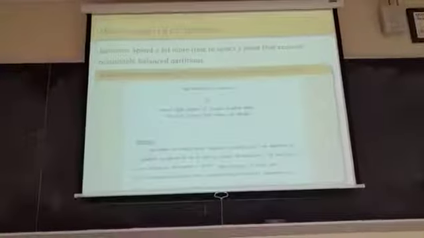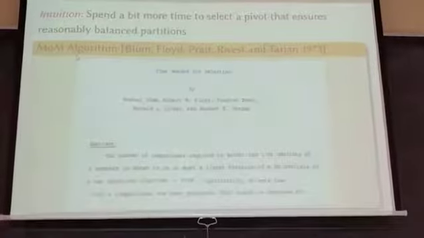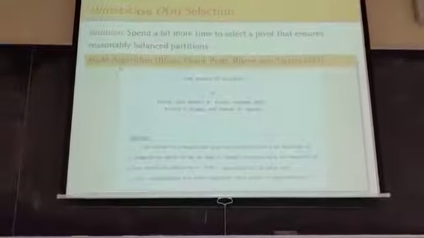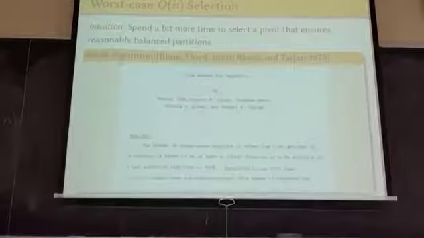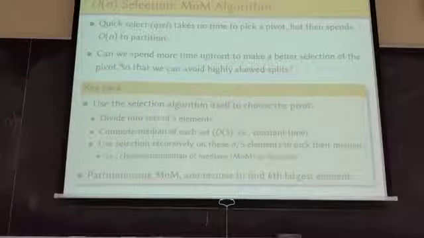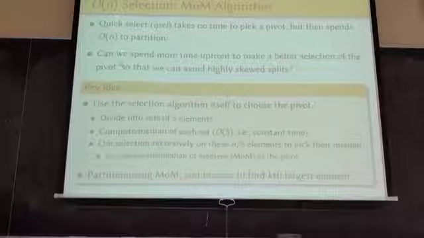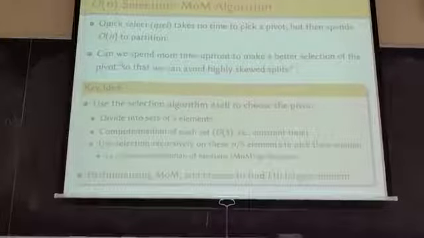But quick select itself only provides linear time selection in a randomized setting, but there is no worst case linear time bound. So we then talked about this other technique, which gives you linear time worst case, and the way you do that is by using the median of medians technique, where you apply quick select in two passes.